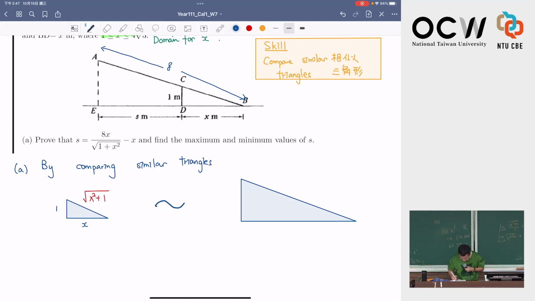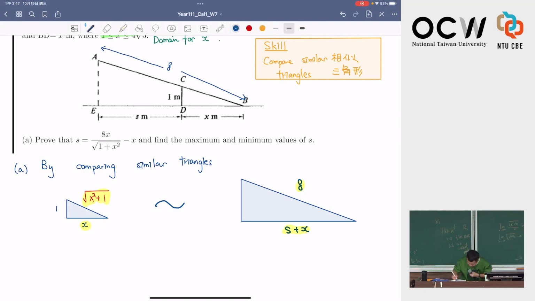And it's similar to the larger triangle. What do I know about the larger triangle? The base is s plus x. And then the hypotenuse is given to be 8. Therefore, if I compare the ratio of the length here, they should be the same because they are similar triangles.